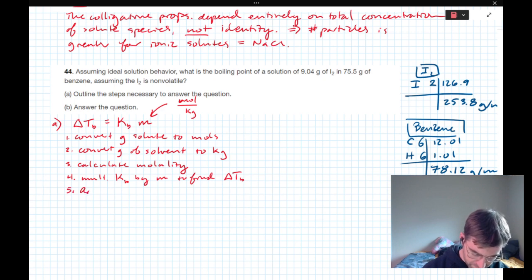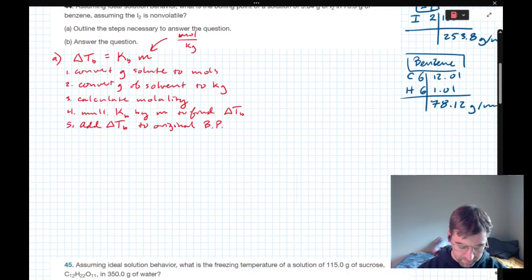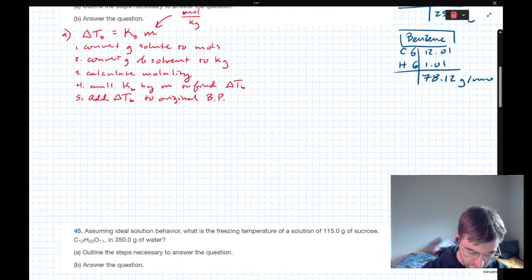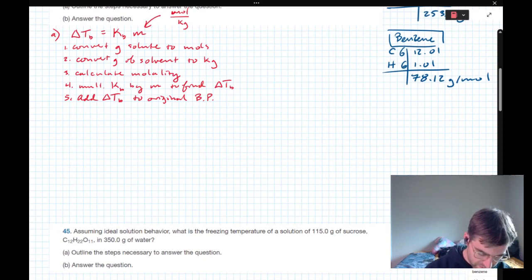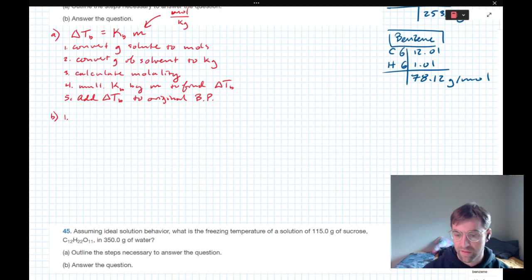And finally, add that change to the original boiling point. So let's run that down.